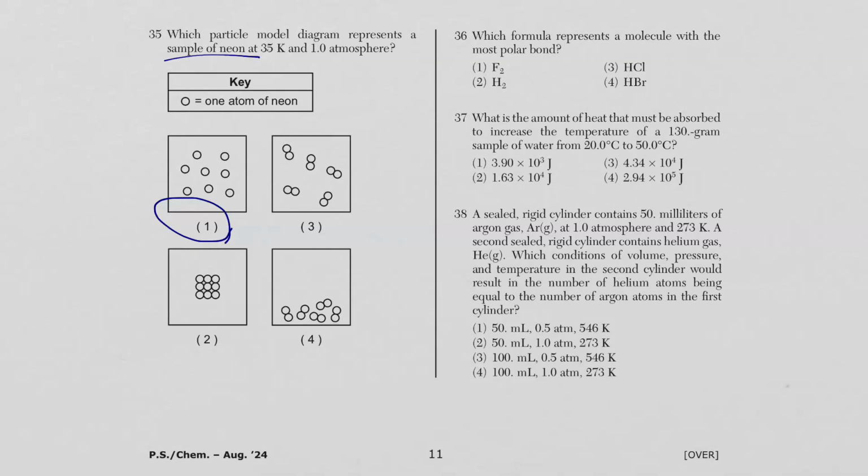Now, going over these model diagrams, choice 2 would look like a solid. Choice 4 almost looks like a diatomic molecule. You see the 2 circles touching in a liquid phase, and choice 3 looks like a diatomic in a gas phase. Our answer here, though, is choice 1 for neon.